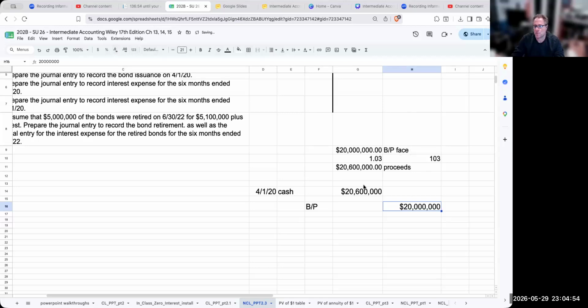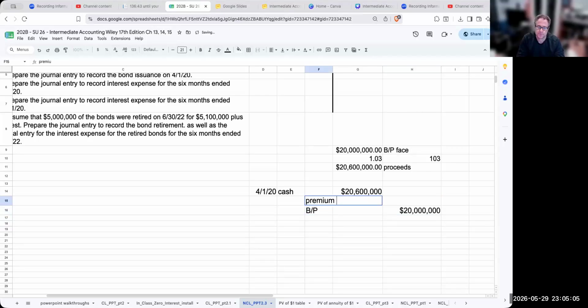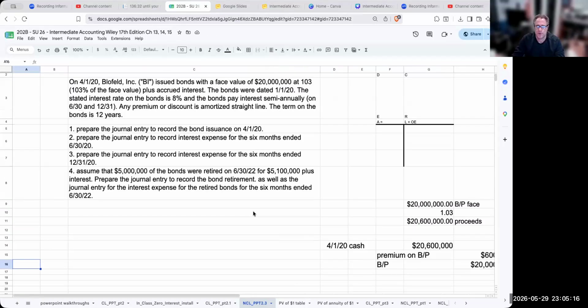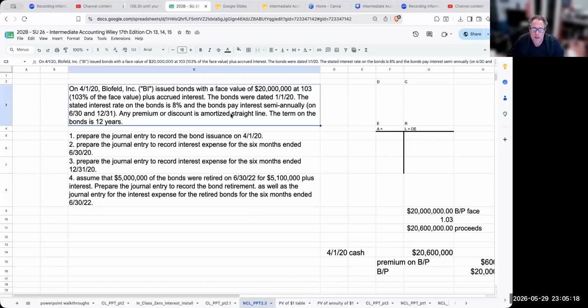Because the cash received is greater than the face amount, the bond will be issued at a premium on bonds payable. We're not quite done yet, but I wanted to separate this out first before we talk about the rest.